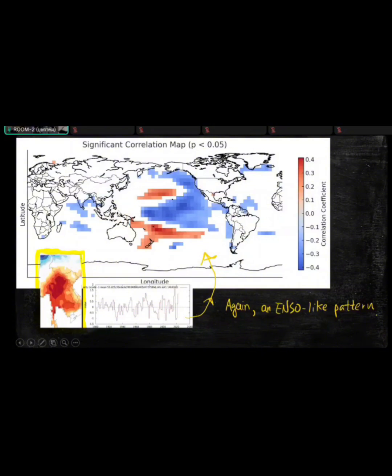Now we are seeing a similar pattern that somewhat resembles an El Nino or La Nina, but I'll talk about why it is not just that. But anyway, you can see that this pattern, that is the dominant drought mode in Thailand, corresponds to this ocean pattern. So if we can understand or monitor this ocean pattern, there's a chance that we can forecast the drought in Thailand. It is not so simple.